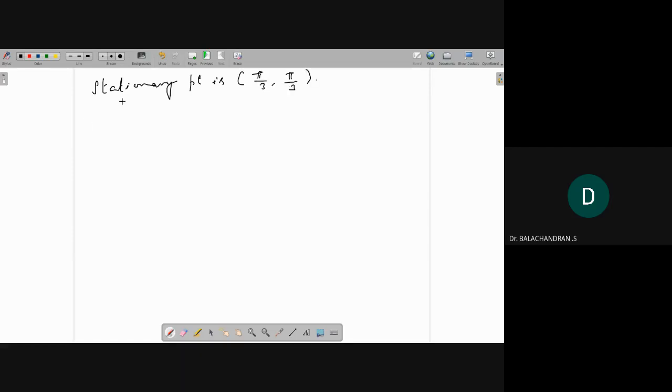So at pi by 3 comma pi by 3, what is A, what is B, what is C, and what is delta? So A is what? A is minus sine x, where x is pi by 3, minus sine of x plus y.